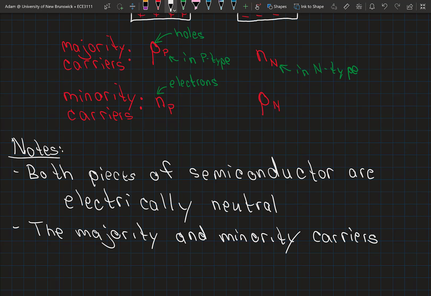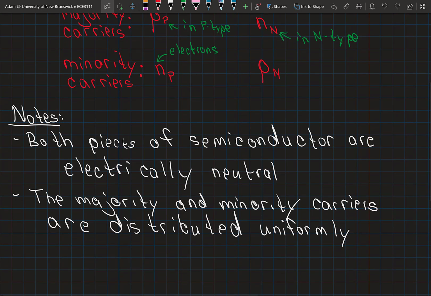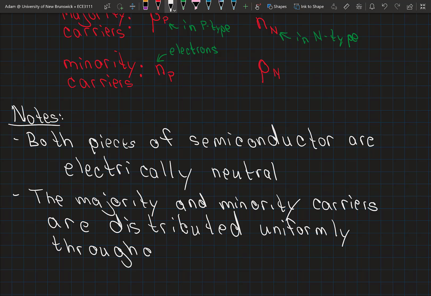This shouldn't be surprising after our discussion about diffusion, and that the desire of our materials is to reach a uniform distribution, and if there is not a uniform distribution, we get diffusion current, which we're going to revisit here in a second.